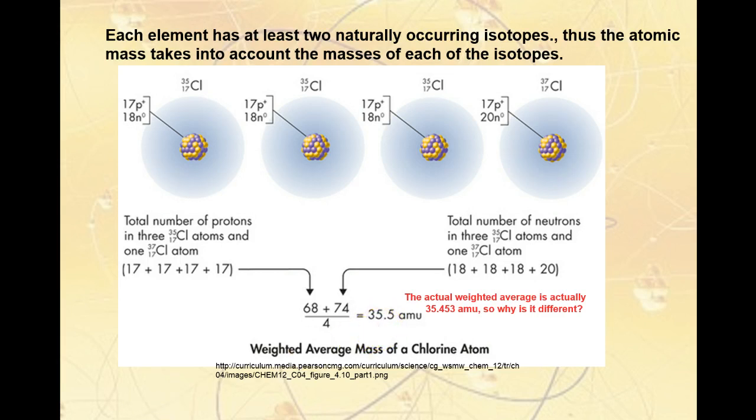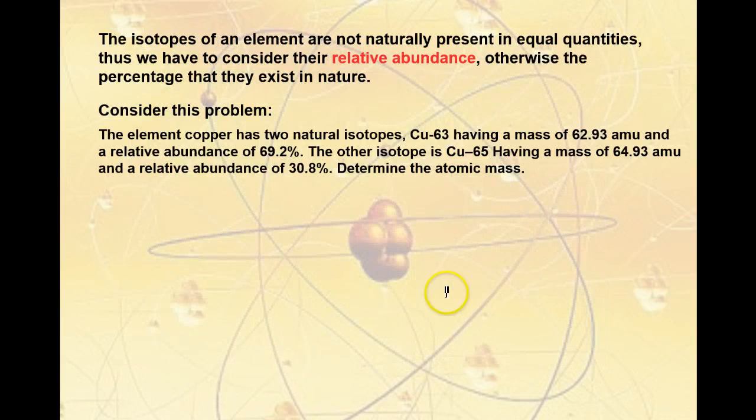Well, here's what happens. The isotopes of an element are not naturally present in equal quantities. So you have to consider their relative abundance. The relative abundance is the percentage that they exist in nature. So let's consider this problem. The element copper has 2 natural isotopes. You have copper 63, and it has a mass of 62.93 AMU, atomic mass units, and a relative abundance of 69.2%.